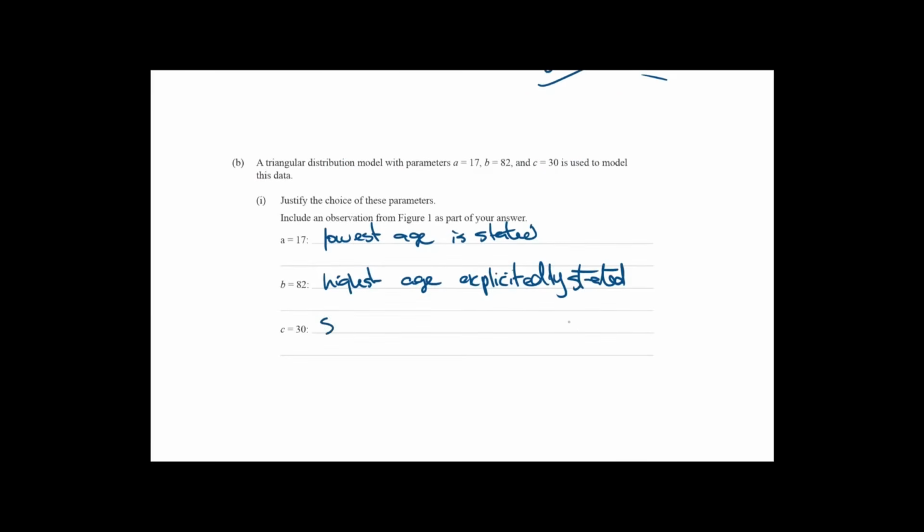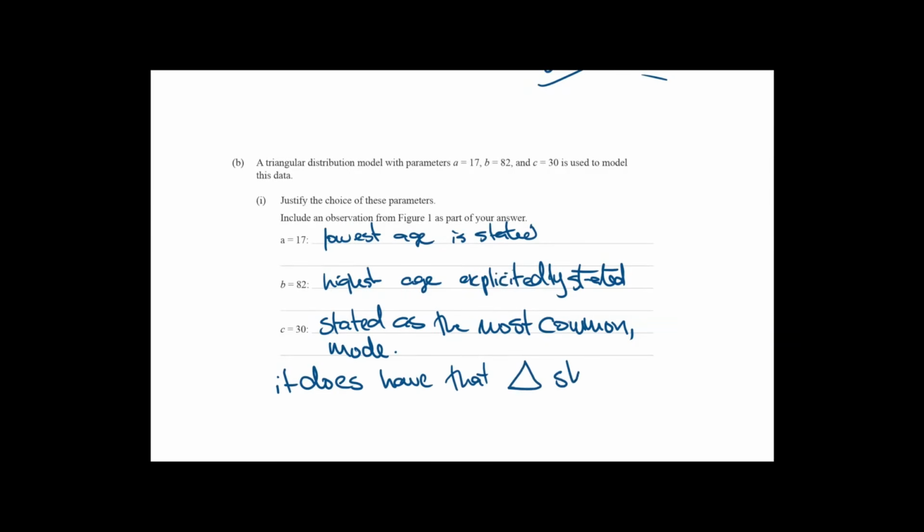So it's stated as the most common, and it's the mode. Comment, it does have that triangle shape. So it's not curved or anything like that. It's interesting, it does tend to have that shape. And that's about all you can say about it.